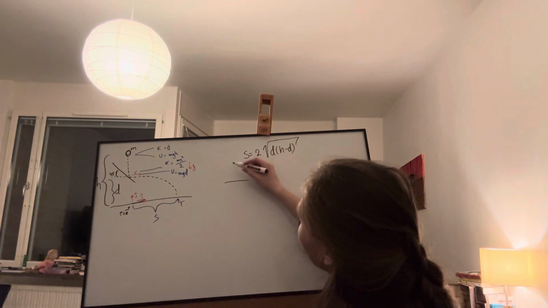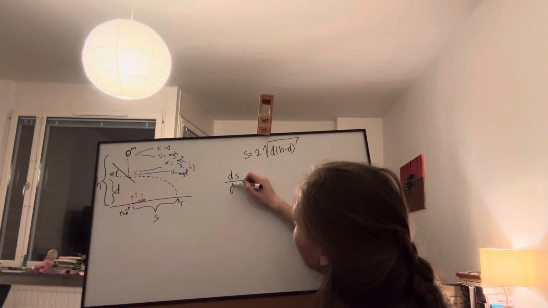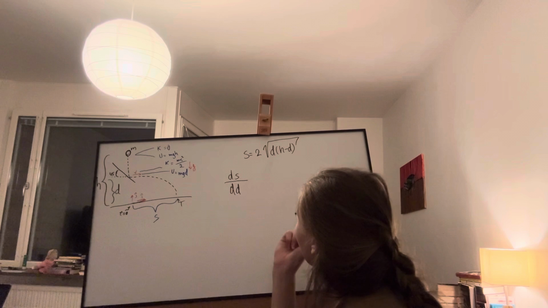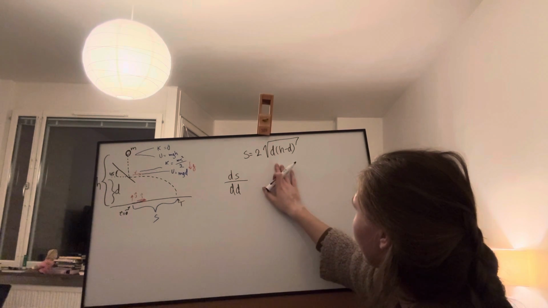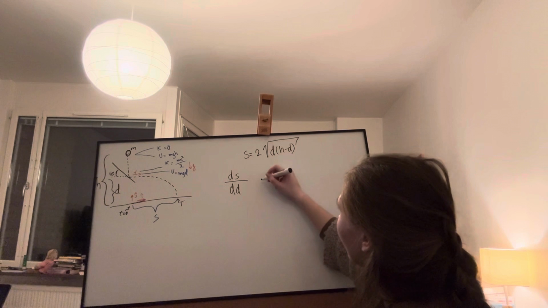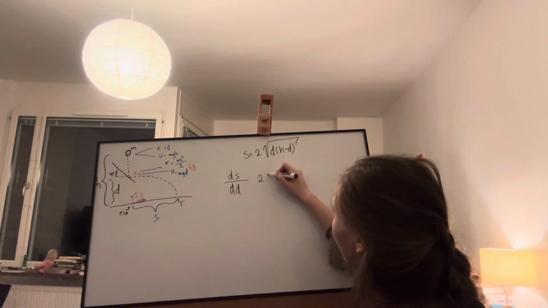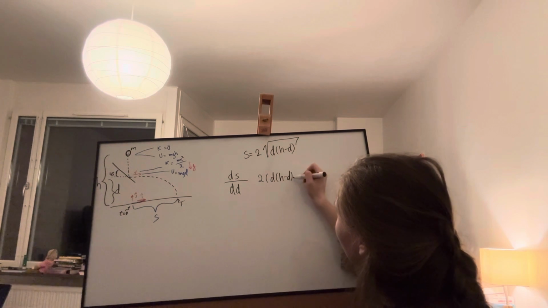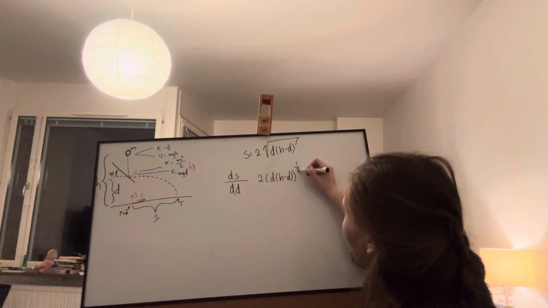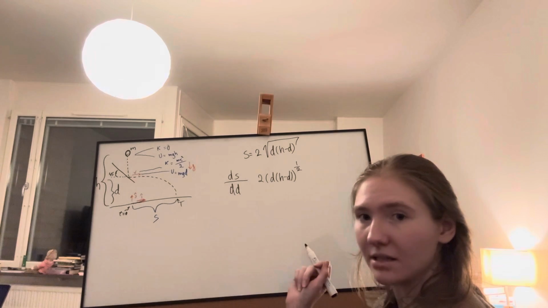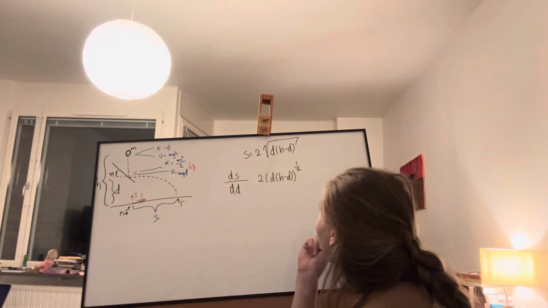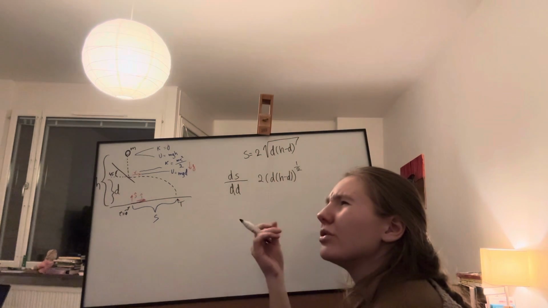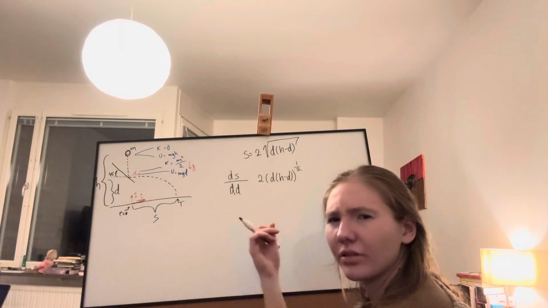And so we have ds/dd of this, which we can write like this. And so we use the chain rule, I think it's called.